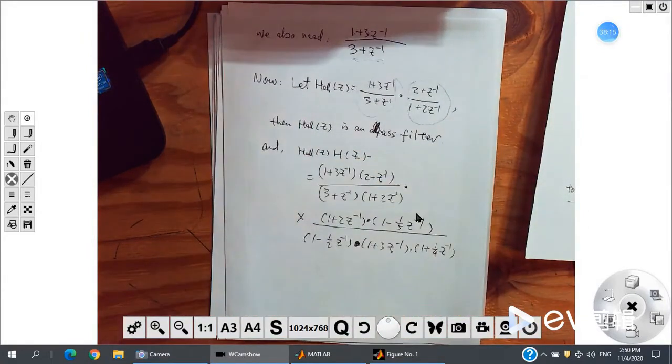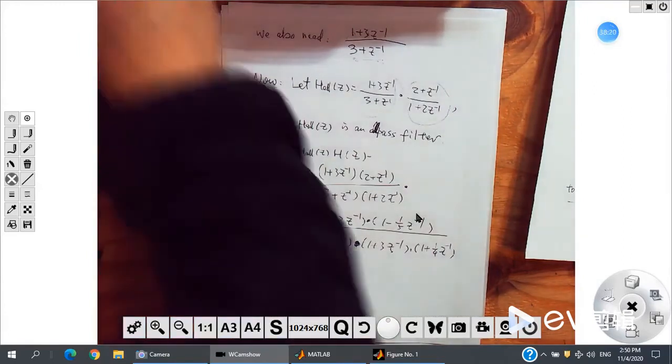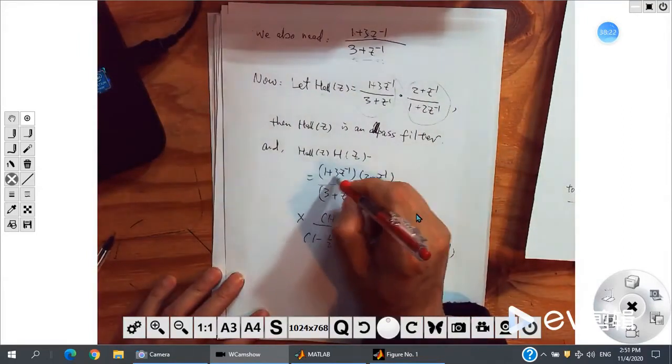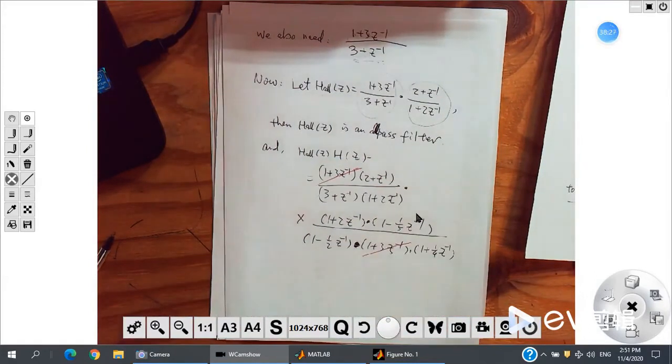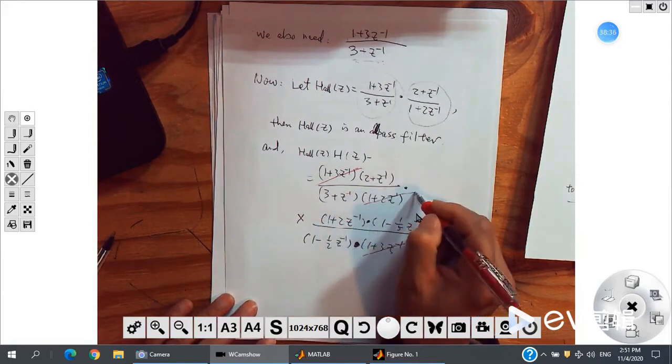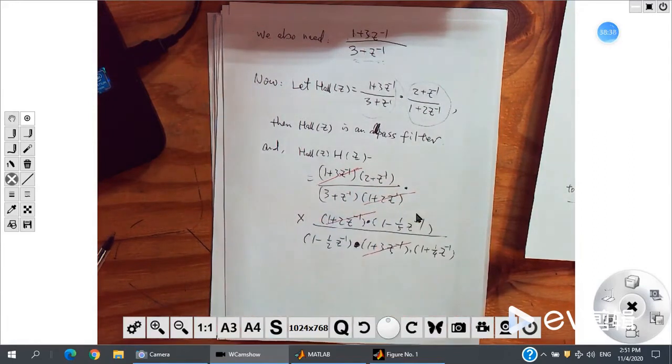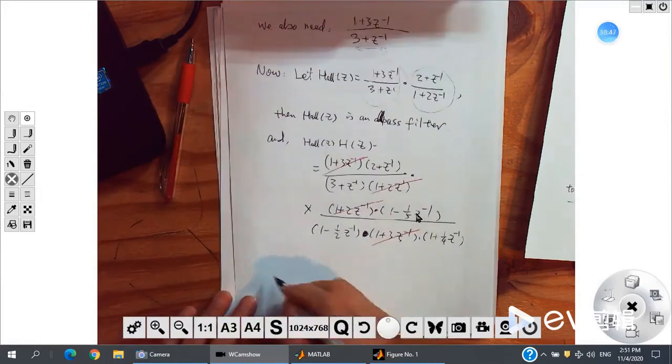Then we simplify. We can cancel something. You can see 1 plus 3z inverse and 1 plus 3z inverse cancel. And 1 plus 2z inverse and 1 plus 2z inverse can be cancelled. Any more? No more. Then the whole thing is a fraction.